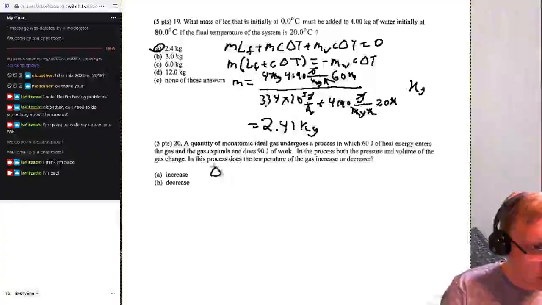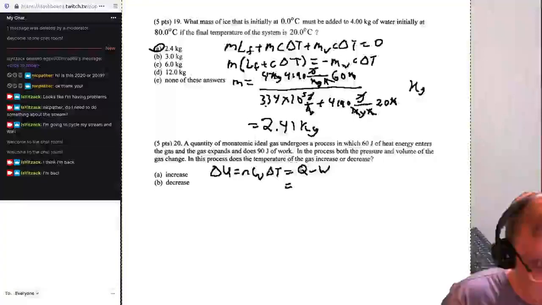Okay, so delta U is equal to n C_V delta T, which is equal to Q minus W. Q coming in, right? Expands, yep. Q coming in, enters, yep, Q coming in, 60 joules.